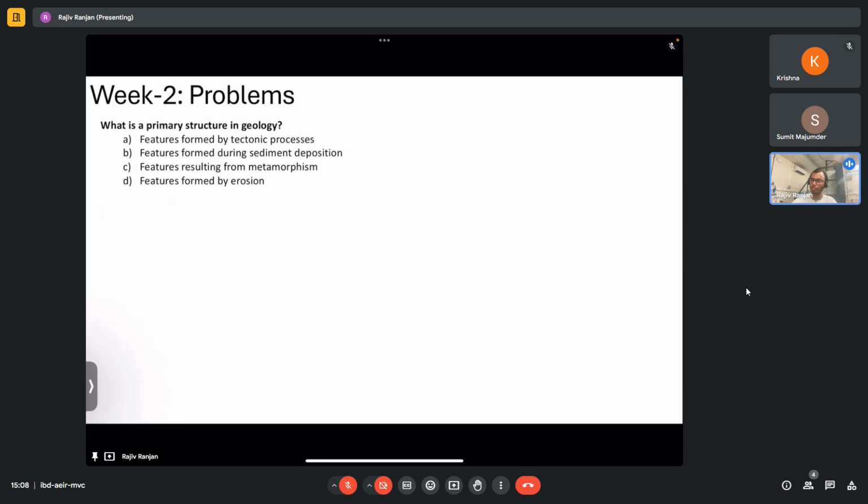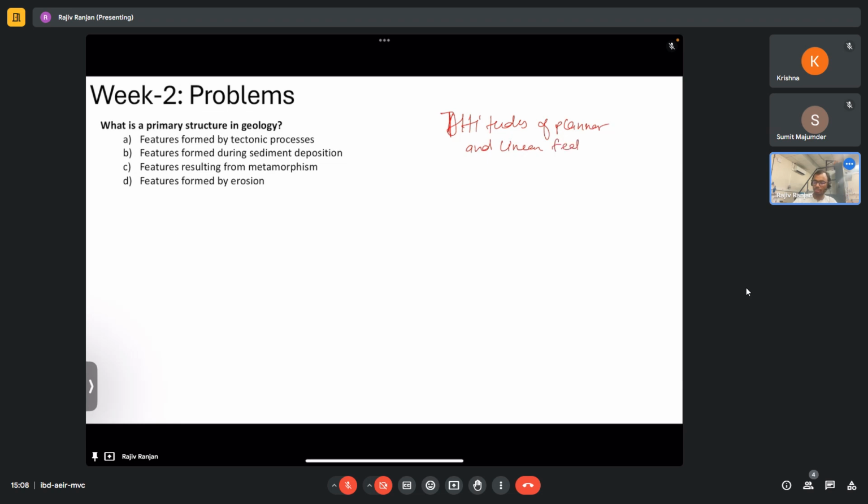So basically I discussed the attitudes of lineations and foliations, planar and linear features. I taught all the students the basic idea about the attitudes of planar and linear features.